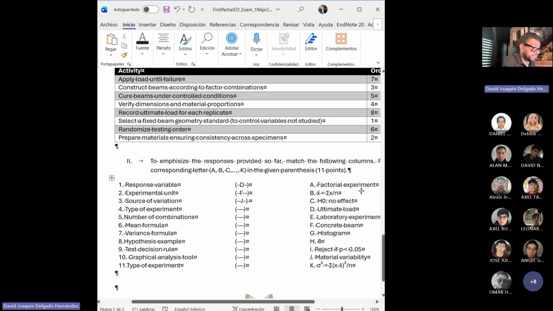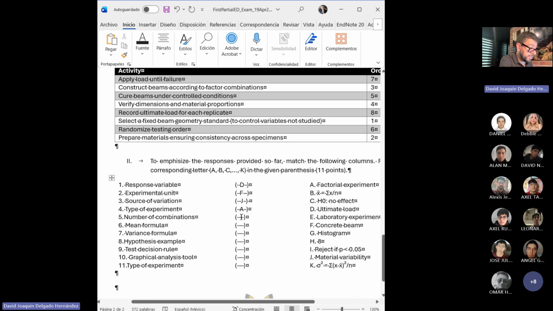Number four, a type of experiment, it's factorial experiment, which is letter A. Number five, the number of combinations. You remember, you just put that in the previous question.